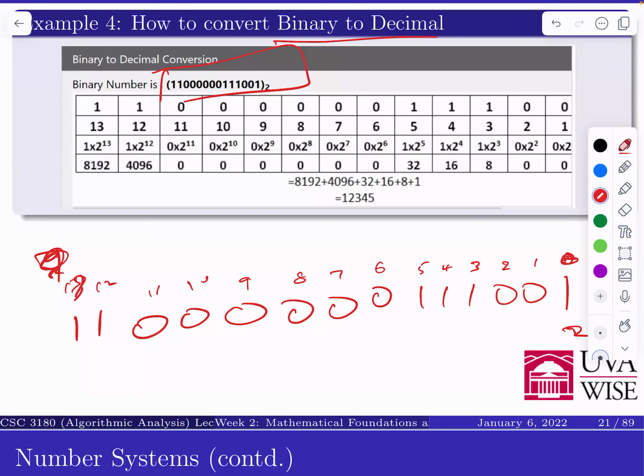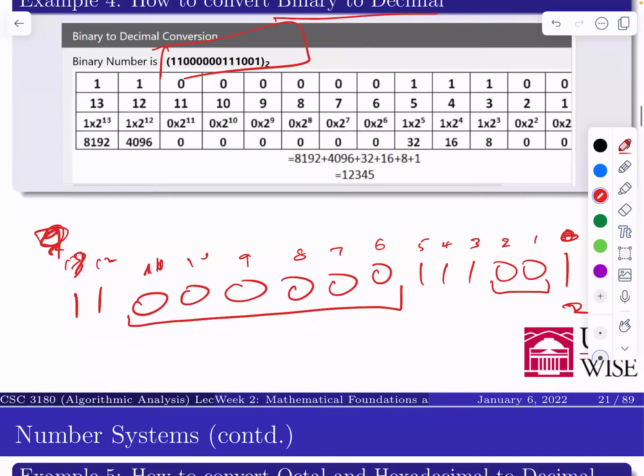Now, all the ones with zeros, you can neglect them because they will give you zeros. Now, remember the power of this is 13. You just pick one, this face value, 1 times the base raised to power 13. Each of the numbers times the base raised to the power. That's 1. There's another one here, 1 times 2 raised to power 12.